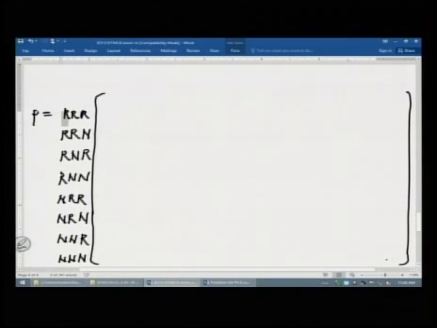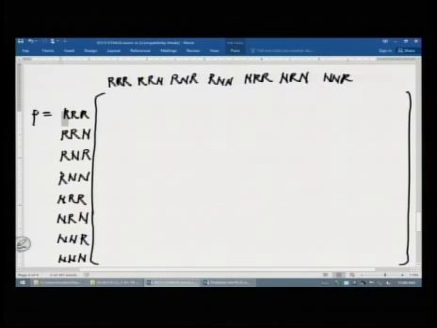So I'm going to copy the same up here. So five, 6, 7, and then no rains for the last 3 days.